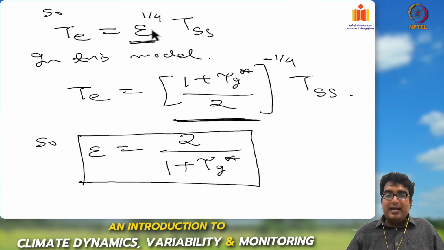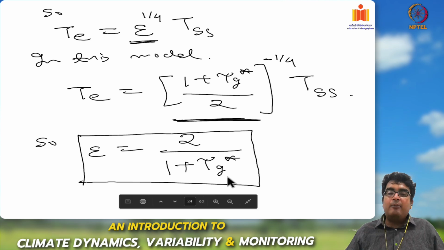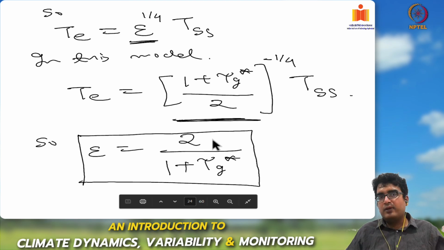Looking at these two expressions, the emittance of the atmosphere under this simple stratified climate atmosphere model is given by 2 by (1 plus tau g star). This becomes the equivalent emittance of the atmosphere under this simplified model.